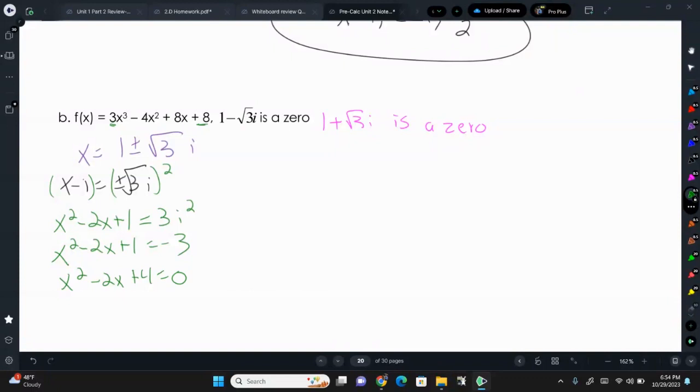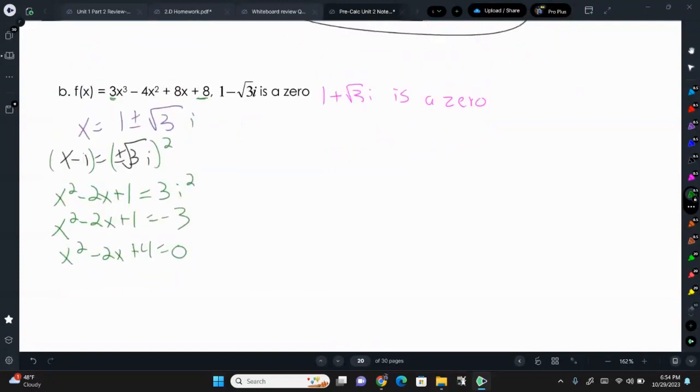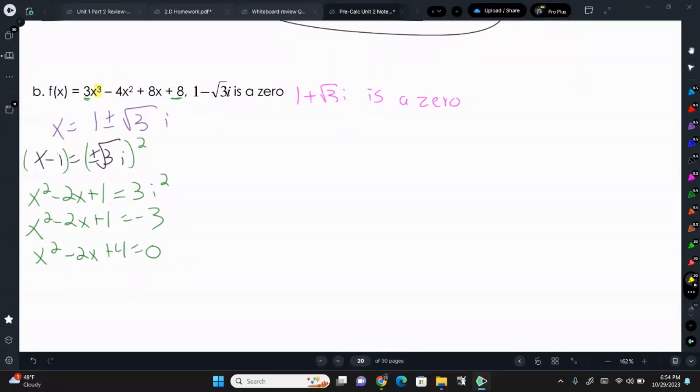And the nice thing about doing long division with this one, because we are dividing an x squared into an x to the third, it's not going to take very many steps. So x squared minus 2x plus 4. And remember, the directions said find the zeros.